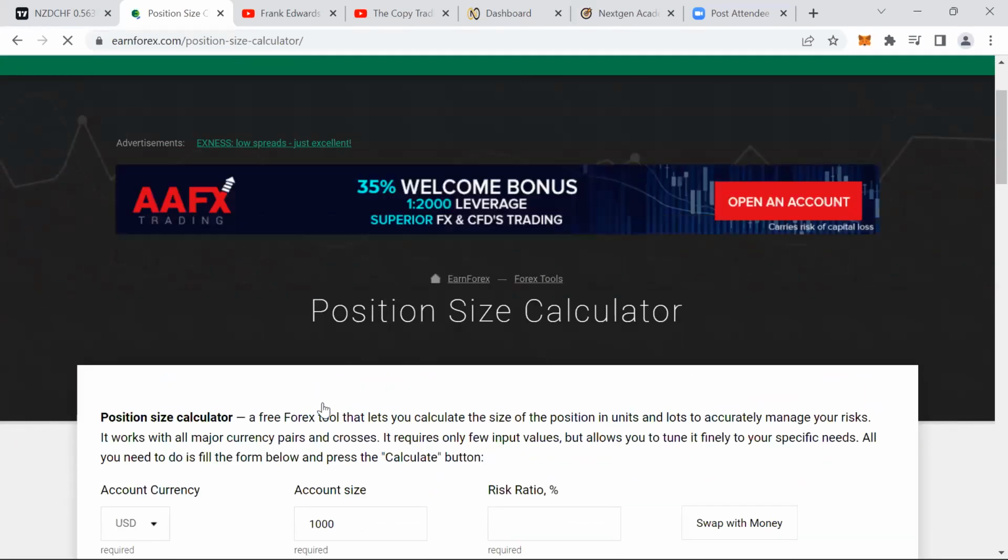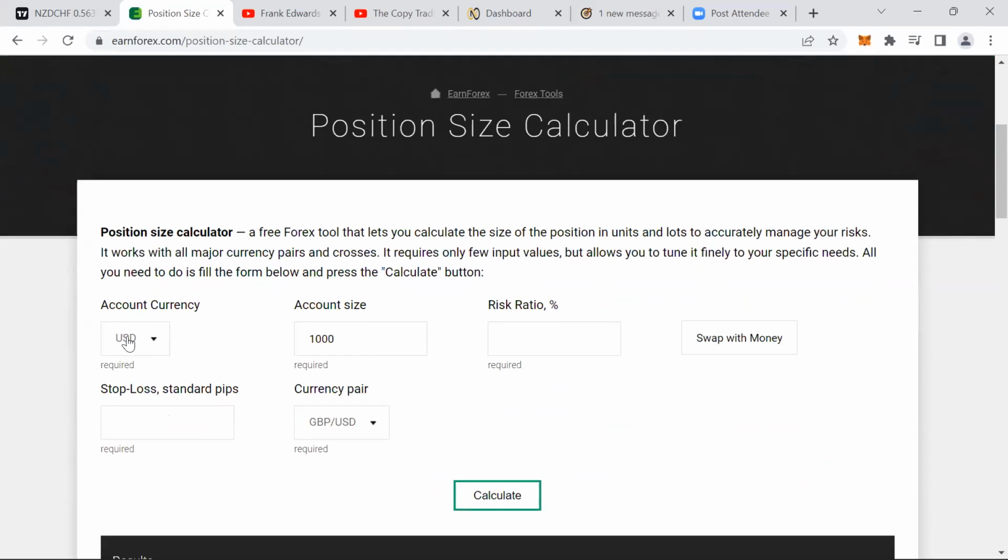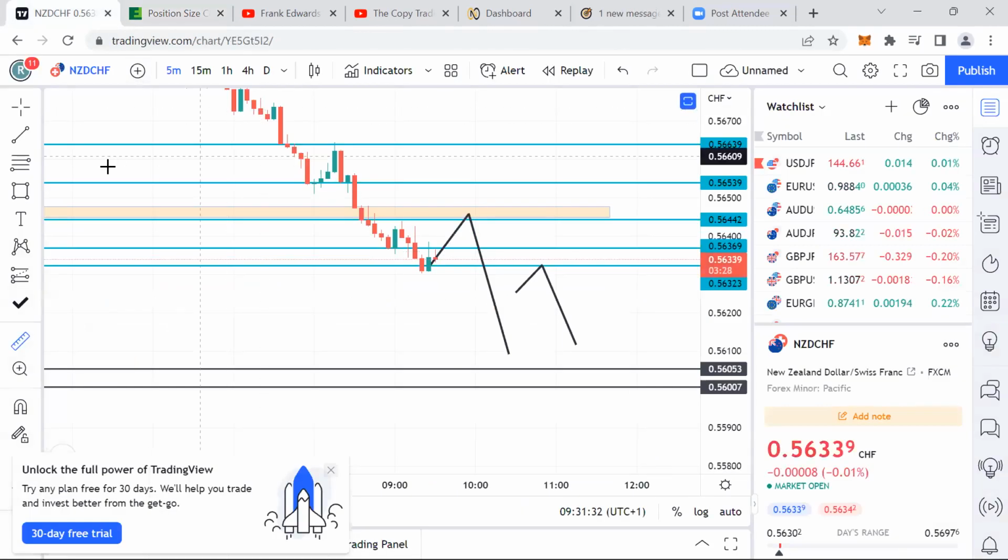So we are looking at your account is in USD. Let's say you have $1,000 in your account. You put $1,000. You are risking 1%. You put 1%. Your stop loss, let's check how much the stop loss is from the entry.